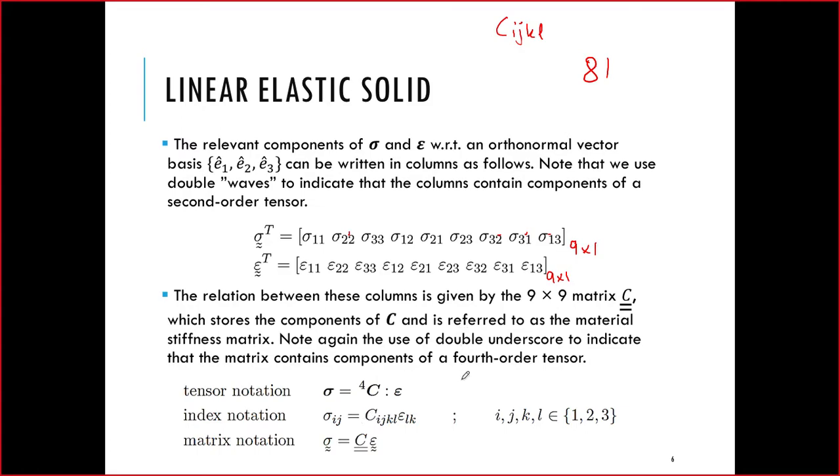I'll show you on the next page what the matrix representation of C is, but just again to highlight, this sigma with double waves underneath, these are not tensors. They contain the components of the tensors but they are not tensors. This is the same thing written in vector form. So please note that.